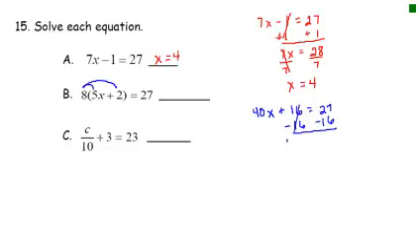Those are going to cancel out. We get 40x equals 11. Now we're going to divide by 40 on both sides, and x equals 11 over 40.